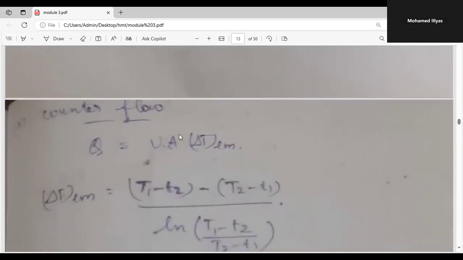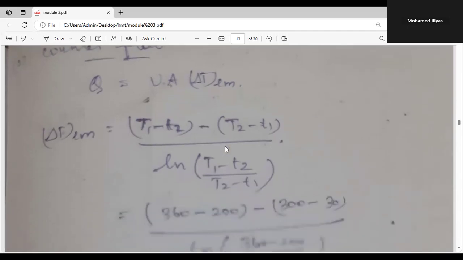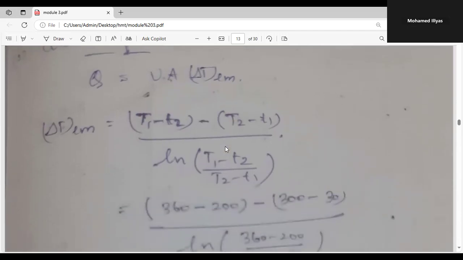And coming to the counter flow type, we'll write the heat transfer equation for this heat exchanger, Q equal to UA delta TLM. And writing the LMTD expression for counter flow type, we can write it from our heat and mass transfer data book here.